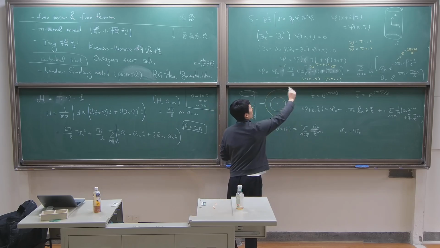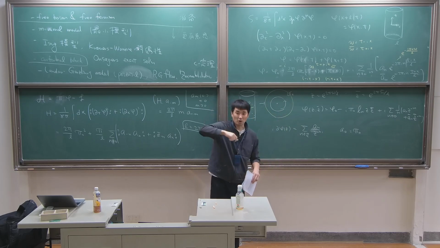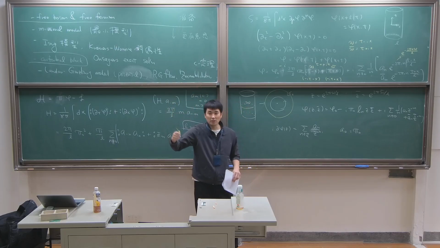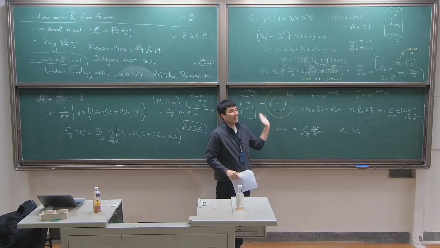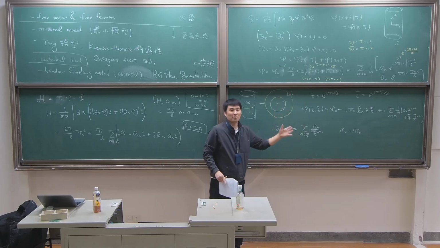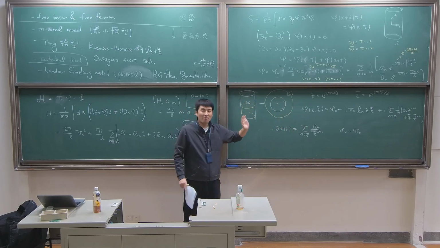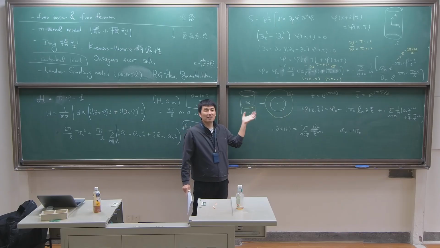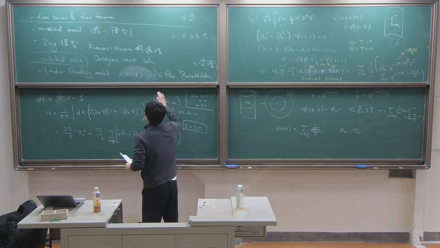As the radius grows, the circumference will grow. So we simply define the energy at each time. Therefore you have the finite size effect appear, and they are related by conformal transformation, which we'll see.